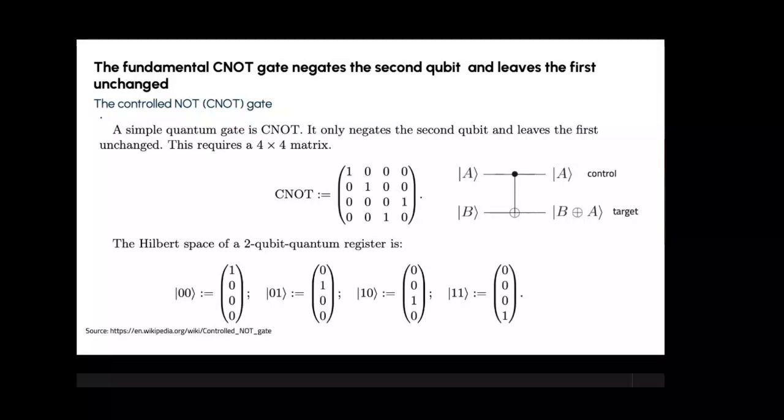And so the CNOT gate works like this. The first input just stays the same in the CNOT gate, and the second input will be subjected to an XOR. This means XOR, exclusive OR. And so it is an addition modulo 2.